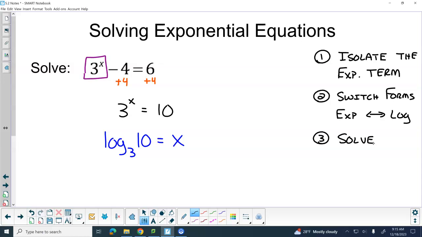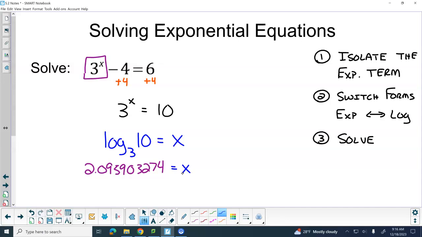So if we use the change of base formula that we learned on Friday, we would do log of 10 divided by log of 3, or natural log of 10 divided by natural log of 3. When I get 2.095903274 on my calculator, we know right away that we're in the right range, because there's no way to be exact, since there's no one number that we can put onto 3 to get 10.